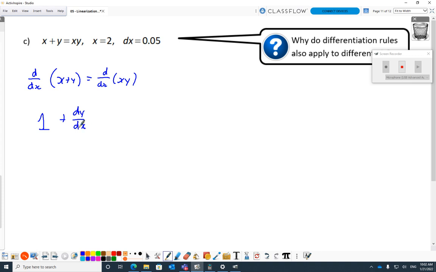We go dy dx. Why is this right-hand side a tiny bit more difficult? What's going on the right? Product rule. So derivative of the first times the second plus derivative of the second times the first. Bring all the dy dx's to one side.